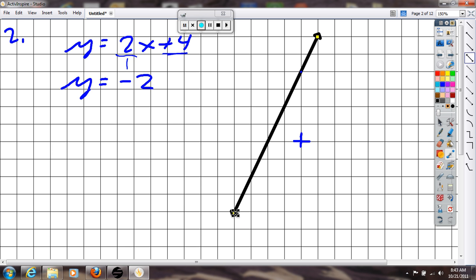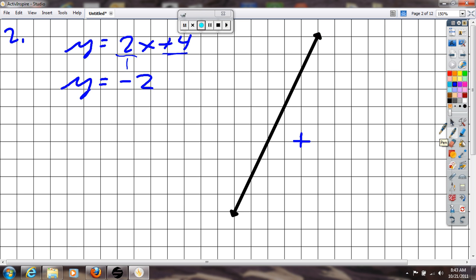That goes in better. It hits the points where they meet. My points were up 4, which is there, and then up 2 and 1, which was there. Those are the 2 points that we had.